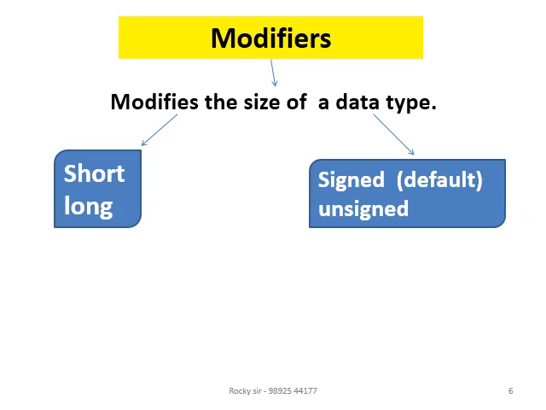These modifiers are quite often used in C language for ensuring that large values can be stored by using the modifier called long, and to also ensure that we are not allowed to store negative values at times, and we ensure it by using the variable with an unsigned modifier.